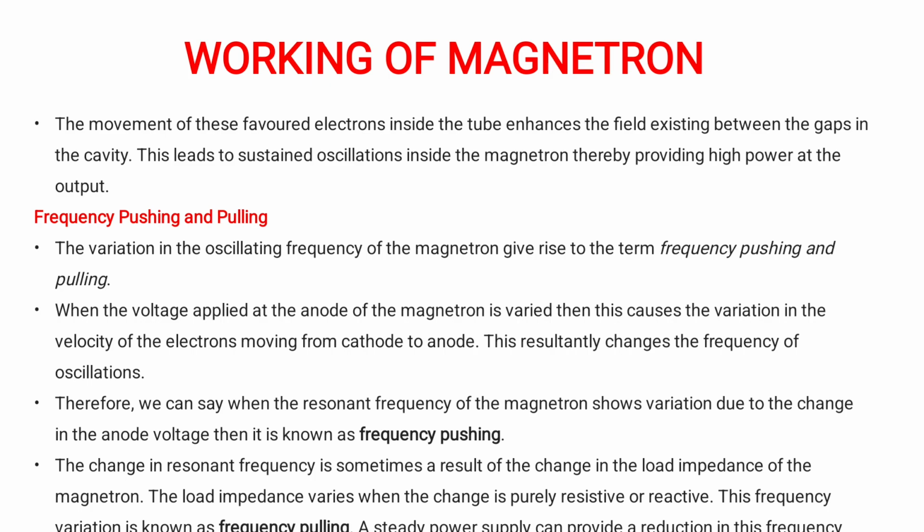Therefore, when the resonant frequency of the magnetron shows variation due to the change in the anode voltage, it is known as frequency pushing. The change in resonant frequency is sometimes a result of the change in the load impedance of the magnetron. The load impedance varies when the change is purely resistive or reactive. This frequency variation is known as frequency pulling.